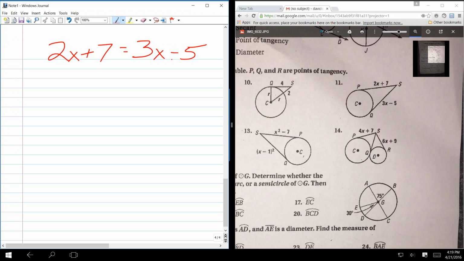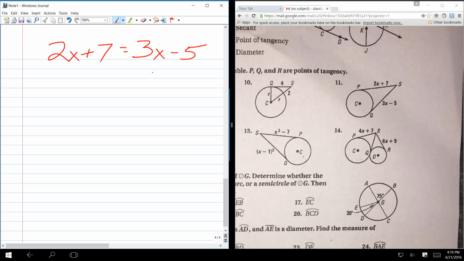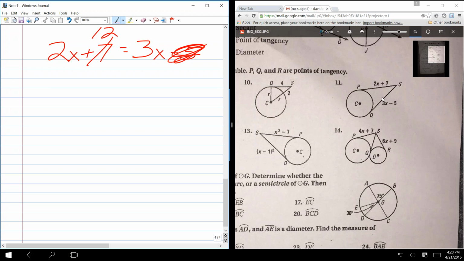And what's the solution here? Well, you could add 5 on both sides. Okay. Turns that into a 12. Gets rid of that. X equals 12. Correct. Okay. So those problems are actually really easy.